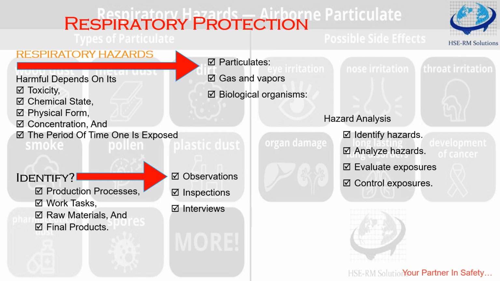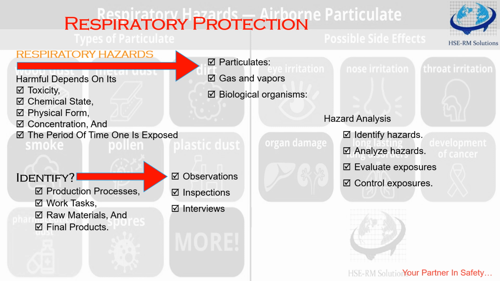Once respiratory hazards have been identified, it's important to analyze each air contaminant to determine the type of exposure that it presents. Understanding the specific hazard of each respiratory hazard can best be accomplished by checking the safety data sheets or material safety data sheets, SDS or MSDS.